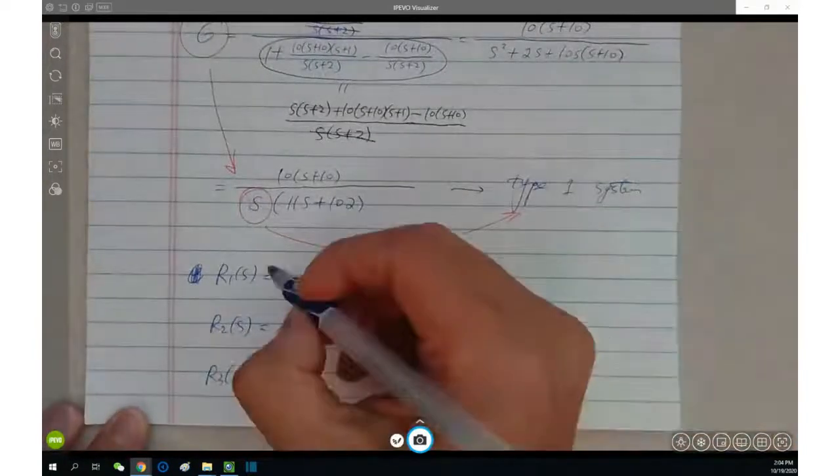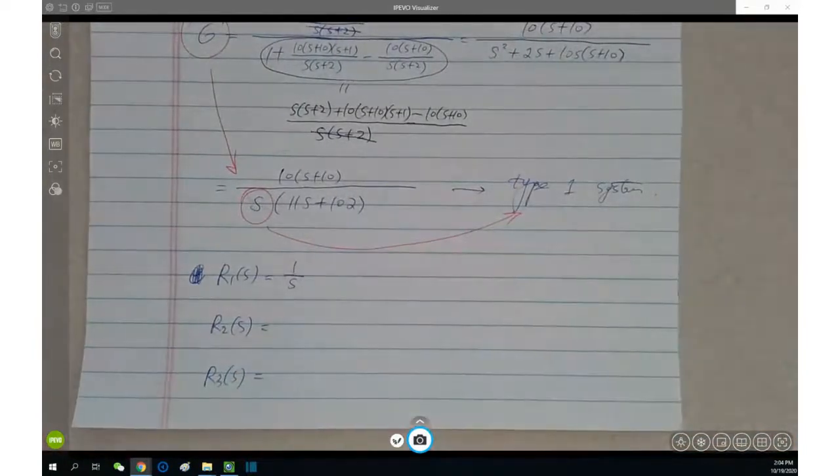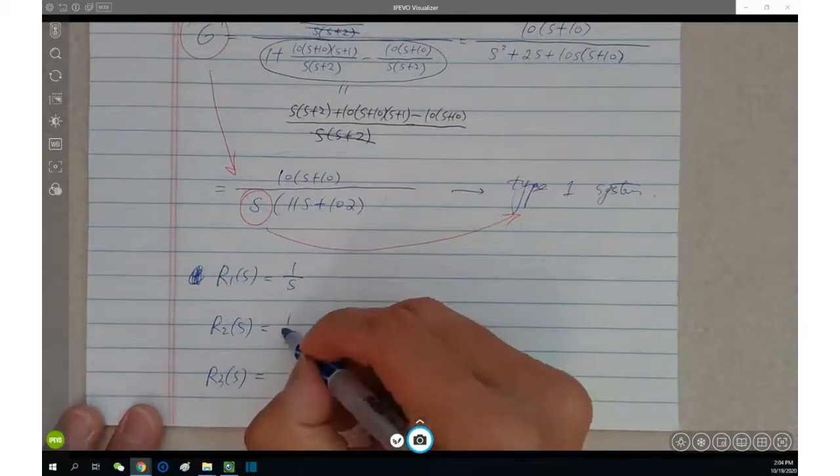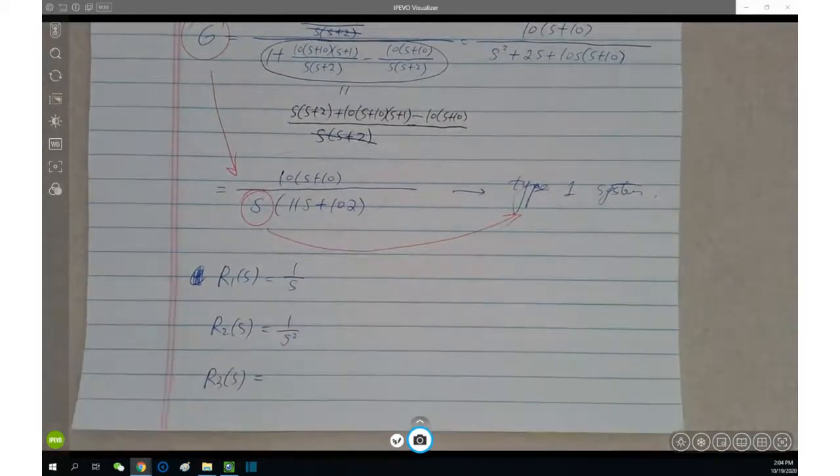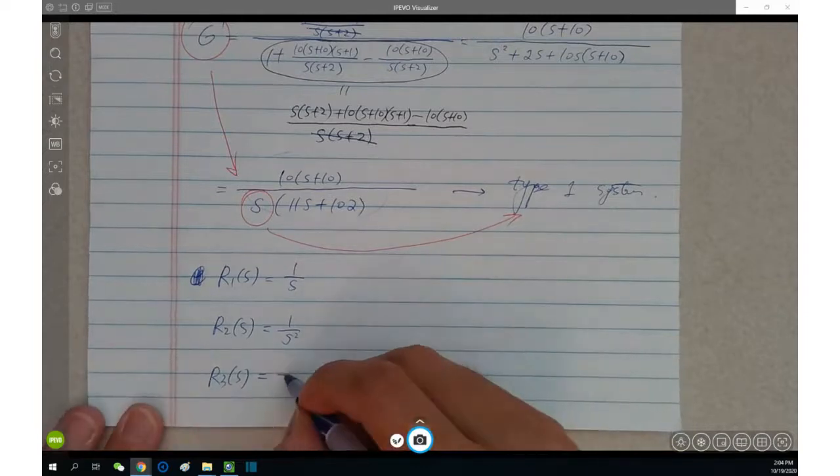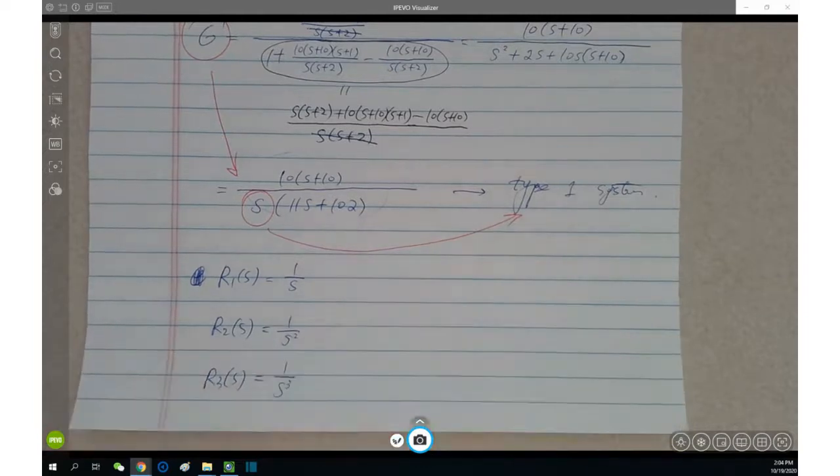Unit step we used in the previous example. Constant of 1. Unit ramp, same meaning. Third one is unit parabolic, means what? 1 over s cubed. That's a unit parabolic.